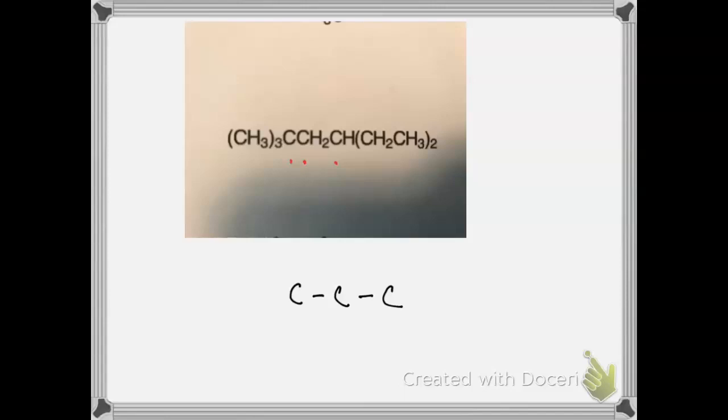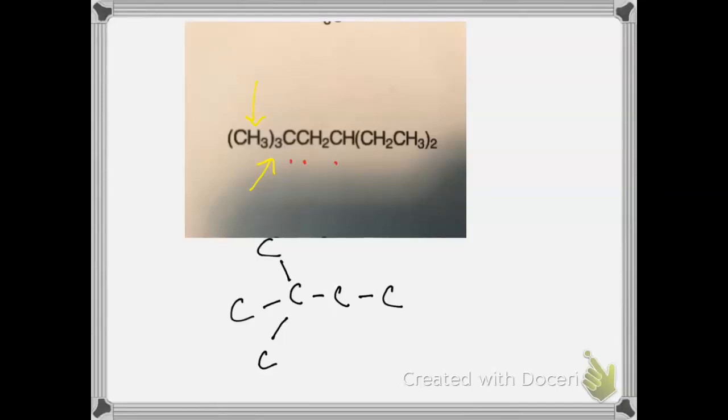Now, when you look over here at this set of parentheses and that subscript, what it's telling us is that there are exactly 3 methyl groups on that carbon. So we will draw those 3 methyl groups: 1, 2, 3.